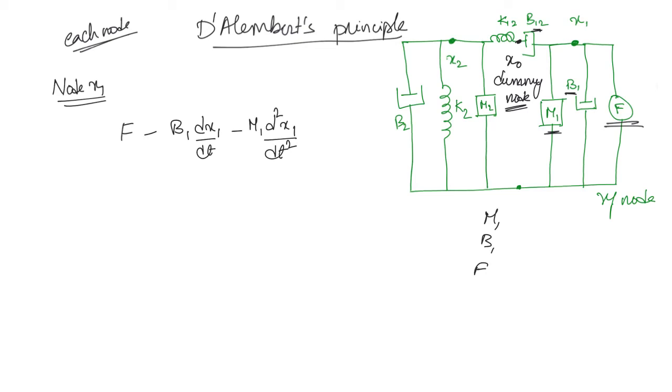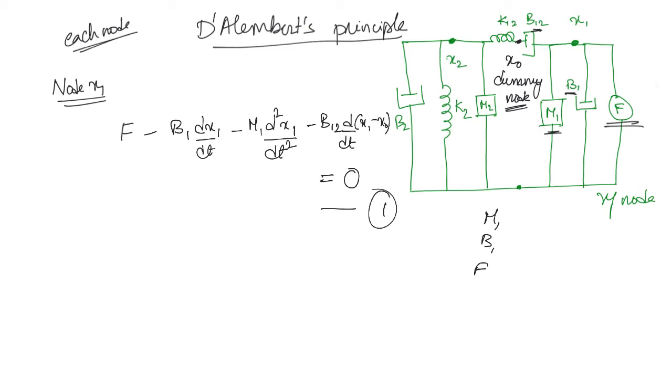So here it will be minus B12 d by dt of x1 minus x0, and this will be equal to 0. This is the first equation at node x1.